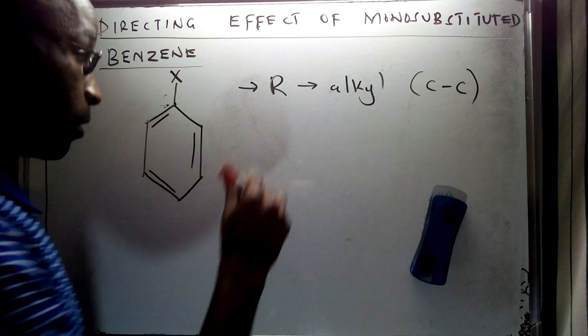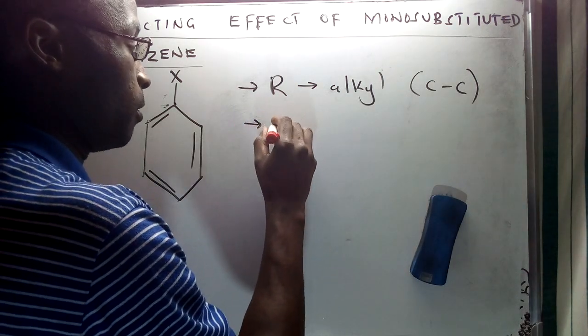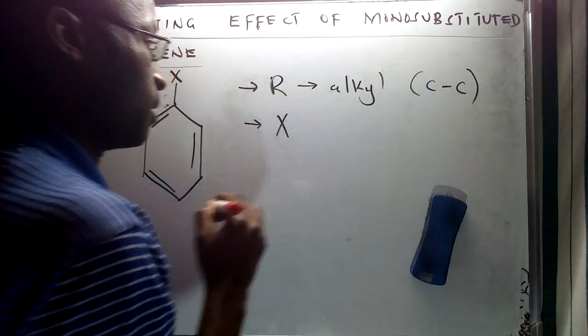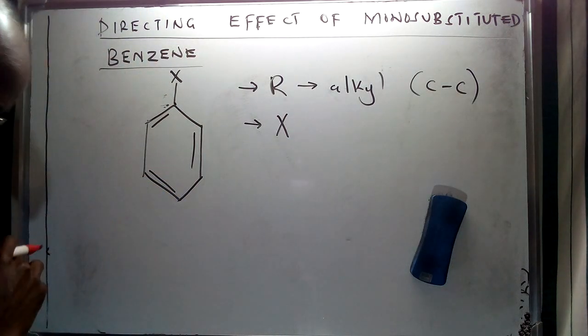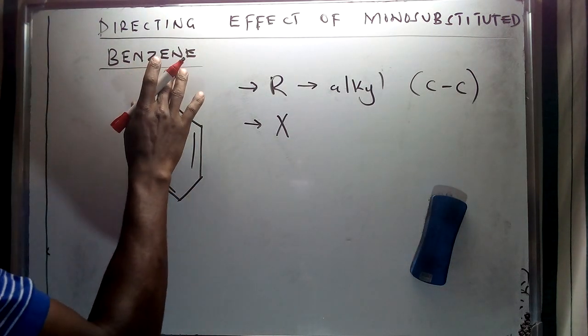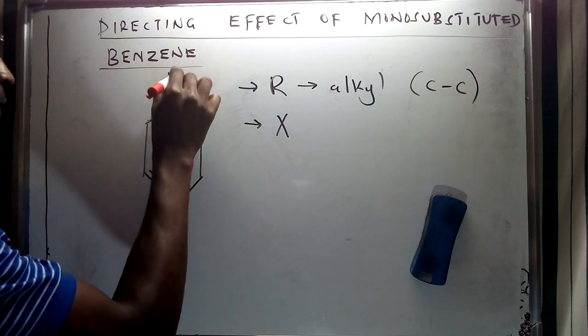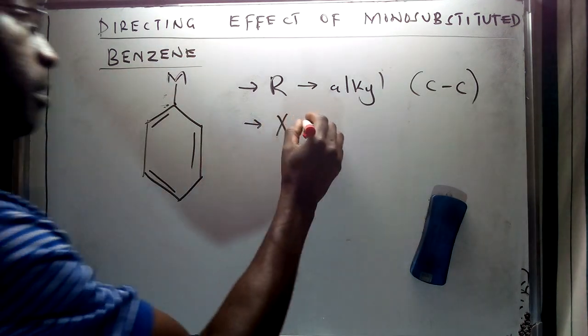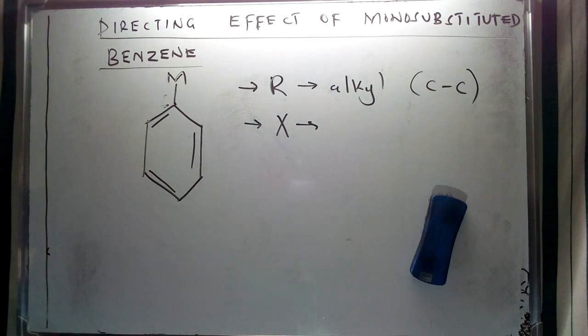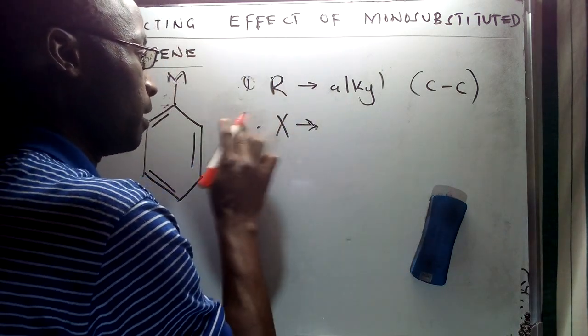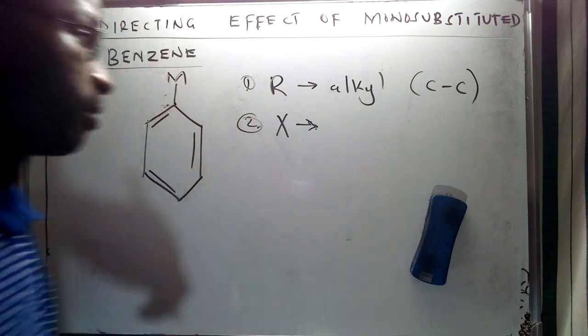And then next I'm going to consider a second category of substituents, which I'm going to give using the initial X. So in this case I'm just going to create a difference between this X by giving this one as perhaps M. So therefore, let me just use this X. So X is going to be a second type of substituent that I'm going to consider insofar as directing effect is concerned.